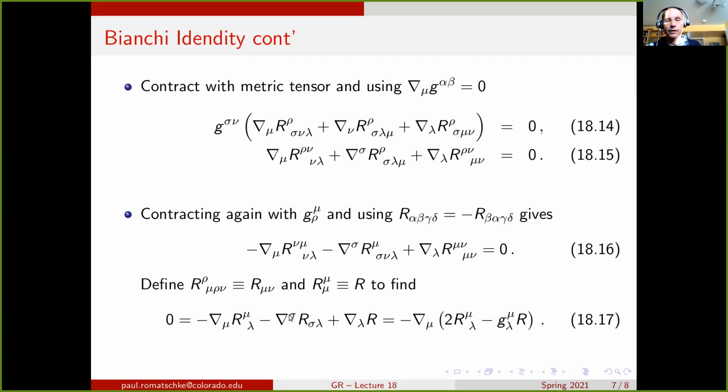So for instance, we can replace sigma by the label mu, so then these 2 terms are twice the same term, and we get minus nabla mu twice R mu lambda, and we write this term in the same form, so we have to introduce a new metric tensor to change the index mu to lambda for that.